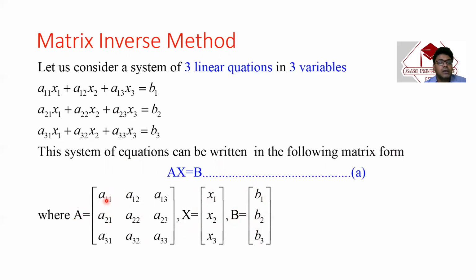The first column of the A matrix, a11, a21, a31, comes from the coefficients of x1. The second column, a12, a22, a32, comes from the coefficients of x2. And the third column, a13, a23 and a33, comes from the coefficients of x3. So this step is very, very important. I am considering this Ax equals b as equation number (a).